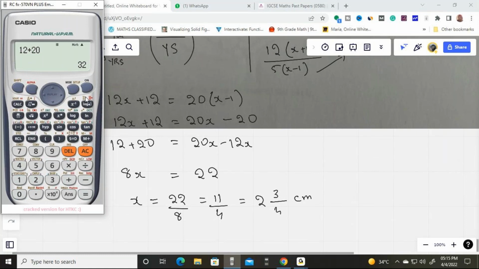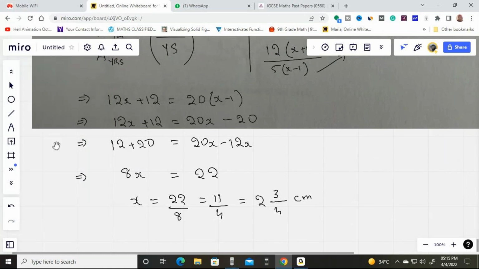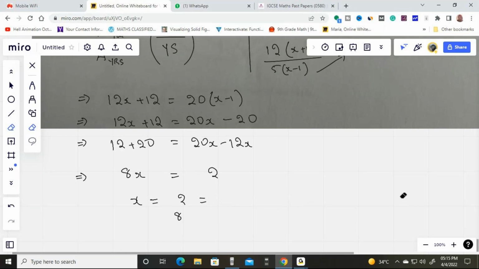Twelve plus 20 is 32. My bad, I wrote 22. Okay, this is 32. Now you're going to get 4. Four centimeters. Done.